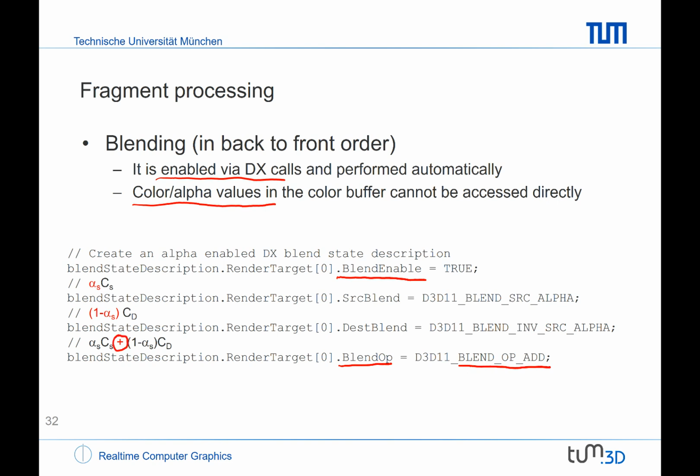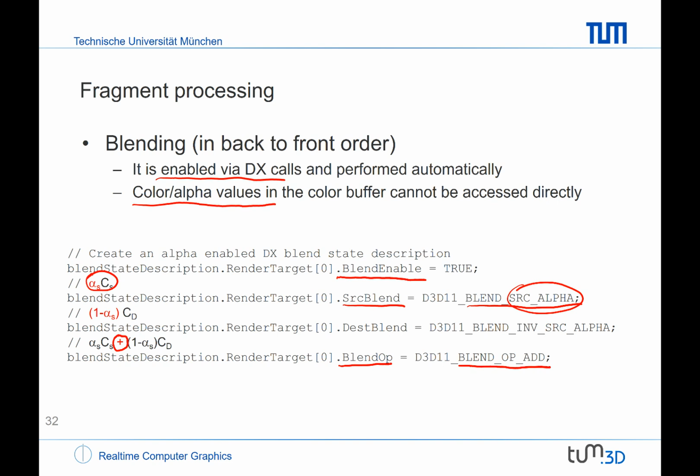Then you can also say how the source contribution should be computed and how the destination contribution should be computed. Here we say blend source alpha for the source blend. This essentially means that the source color is multiplied by the source alpha. That is what you have here.